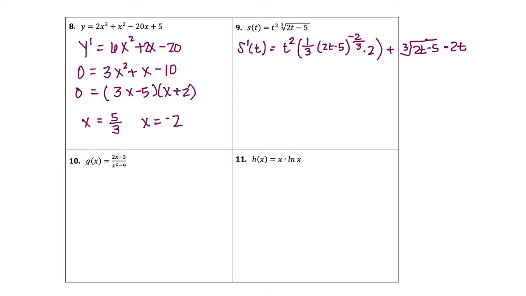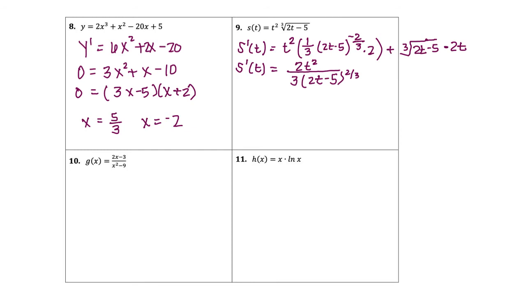All right, so we've got a mess here. So s prime at t is going to be equal to, let's clean this up a bit. You've got, let's draw a fraction, and 2 times t squared is going to be on top, and 3 times 2t minus 5 to the +2/3 because I've moved it to the bottom.